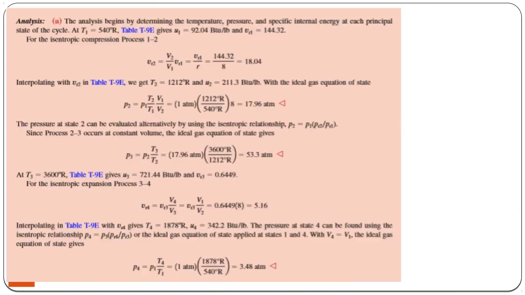So let's take a look at the solution here, because at the end I have the SI solution. What is important is to take a look at the solution. So from T1, which is given as 300 Kelvin, you will go to the air table.